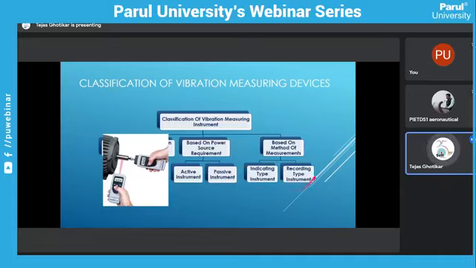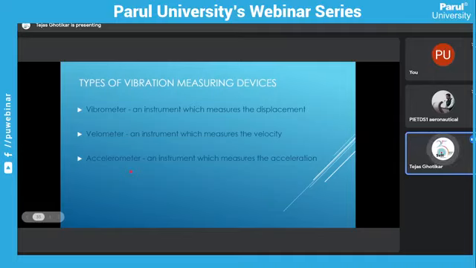Or indicating type or recording type. Some measuring instruments just indicate the vibration; they won't give you the value or record it, whereas the other type will record the whole data.